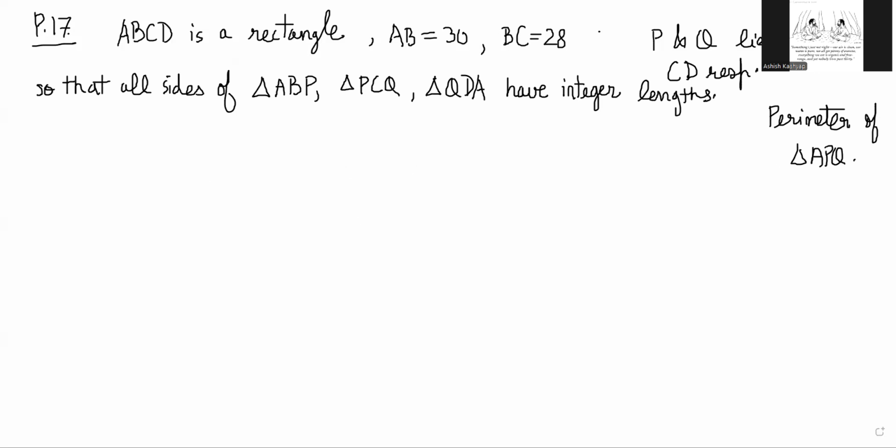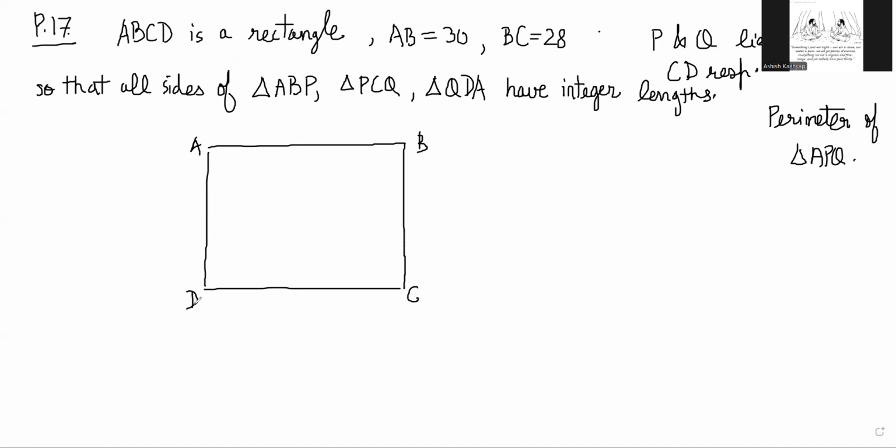Okay. So let's draw a figure and we make a rectangle 30 and 28. A, B, C, D. This is 30. This is 28.